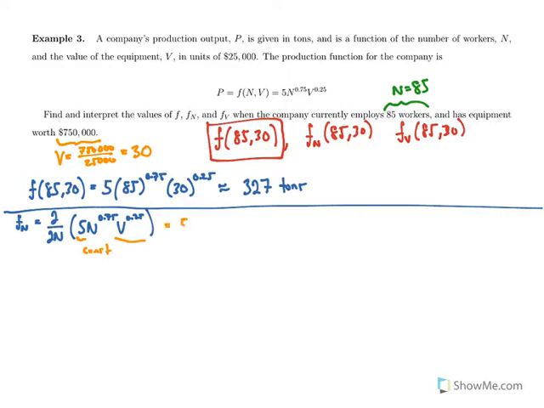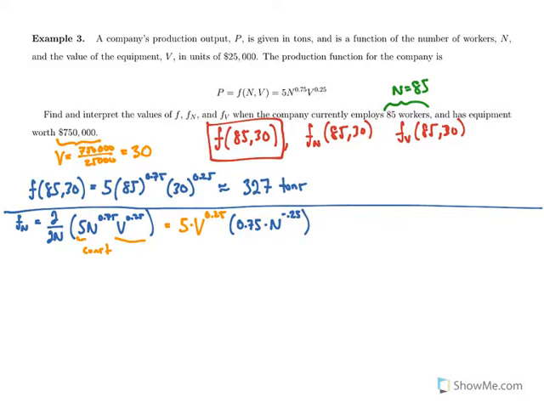So it's going to come along for the ride, 5v to the 0.25. And then the derivative of n to the 0.75 is just using the power rule. That's going to bring the power down out in front times n, and then decrease the power by 1. We'll have a negative 0.25 as the power there.